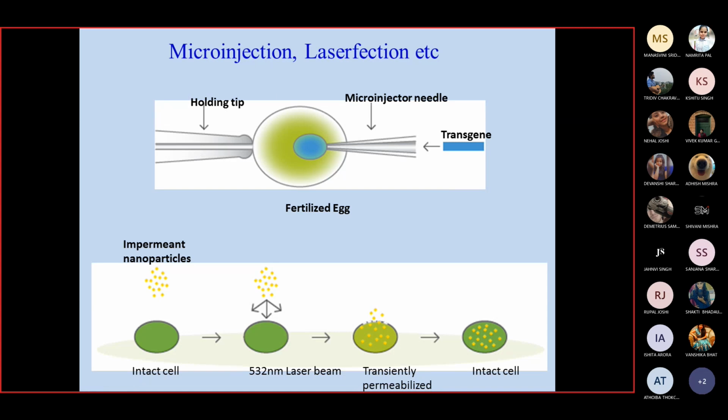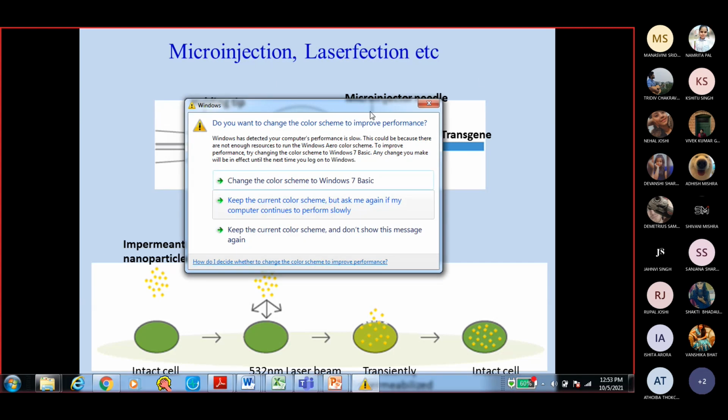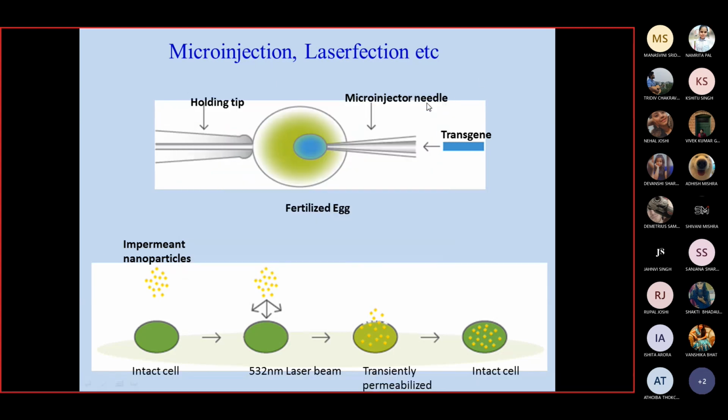Okay. Similarly, you can coat whatever you want to deliver. It could be DNA, it could be RNA, it could be protein. You can coat it onto gold nanoparticles, right? Gold nanoparticles, and then when you shine a laser at 532 nanometer, just as what happens with electroporation, you have tiny holes being generated because of the laser.